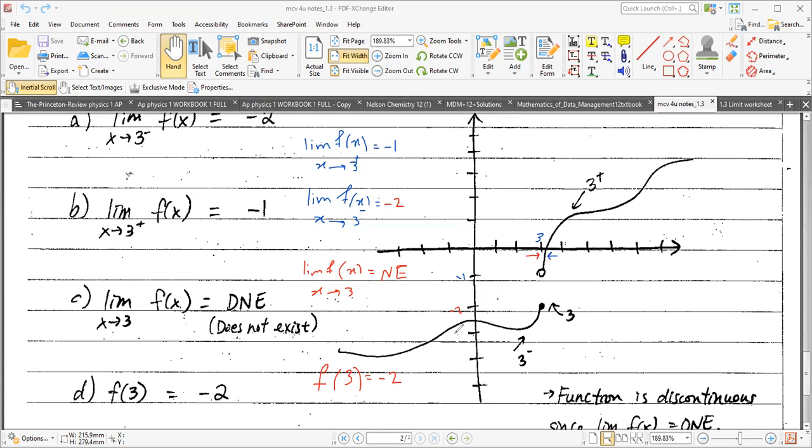See, when you want to draw that, you have to lift your hand from the paper, come here and draw it. So this function is discontinuous, a jump discontinuity. If the limit does not exist, the limits of right and left are not the same, we have jump discontinuity.